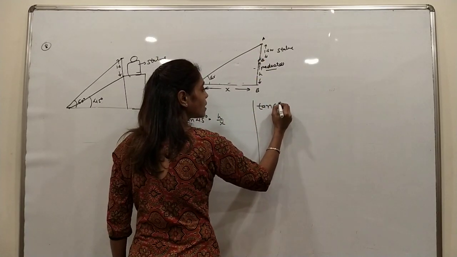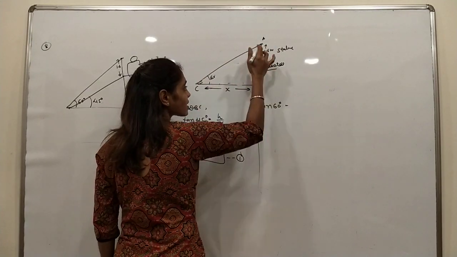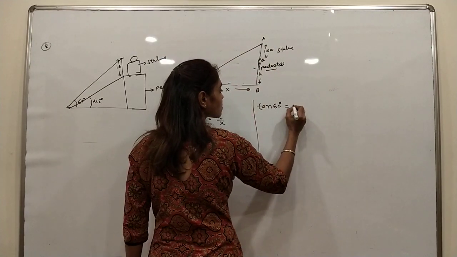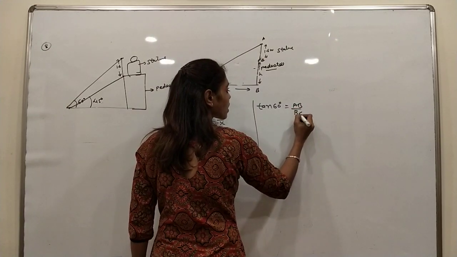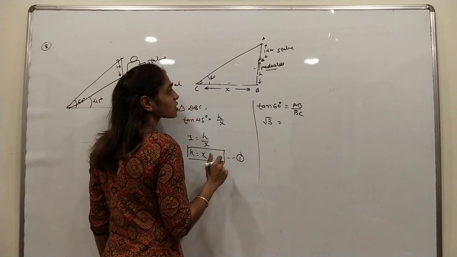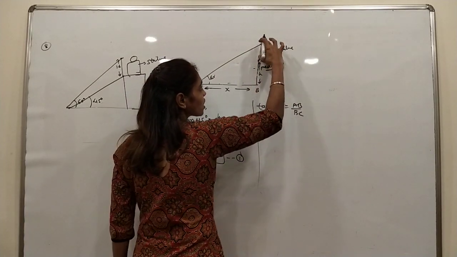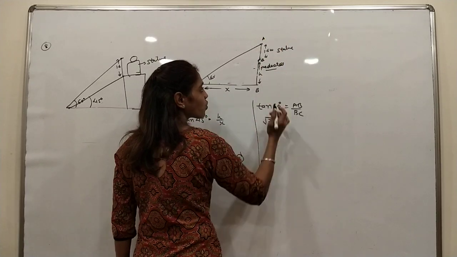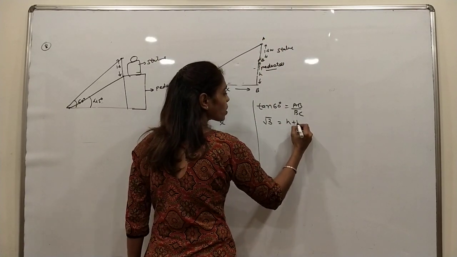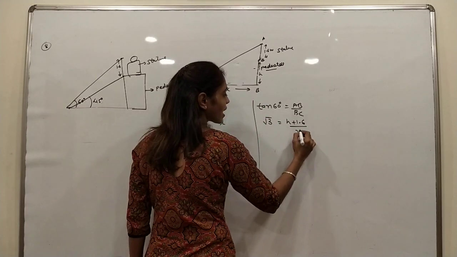Tan 60 degree is P by B, that is AB upon BC. Tan 60 is √3. AB is h plus 1.6, since this is h and the height of the statue is 1.6. And BC is x.